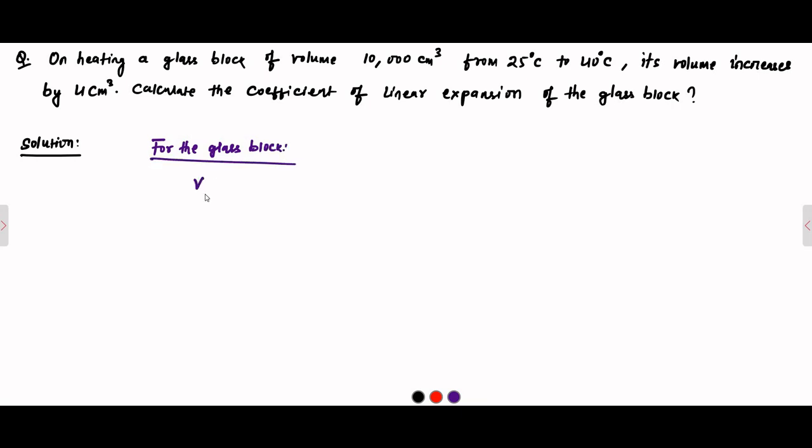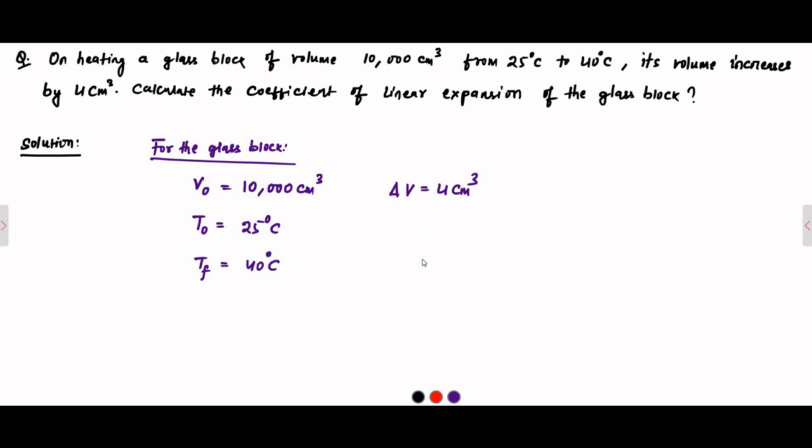The initial volume V0 is equal to 10,000 centimeter cube. The initial temperature is equal to 25 degree Celsius. The change in volume is equal to 4 centimeter cube, and the final temperature is equal to 40 degree Celsius.